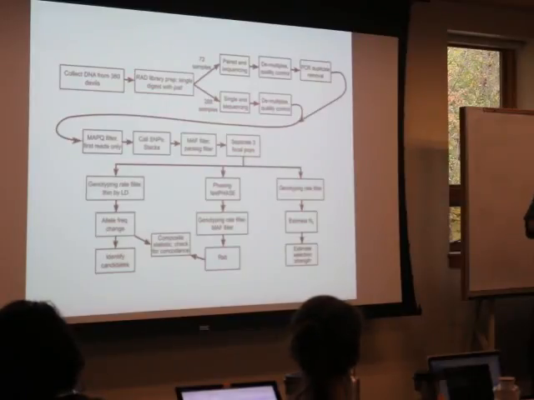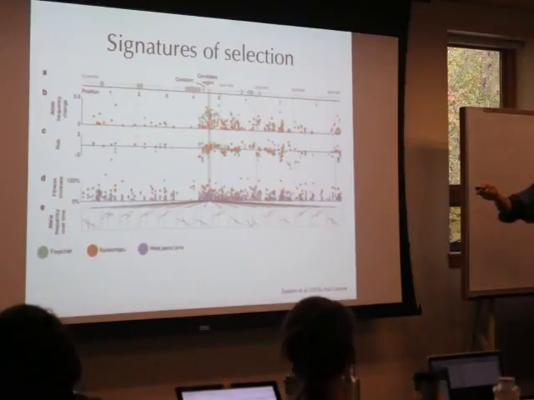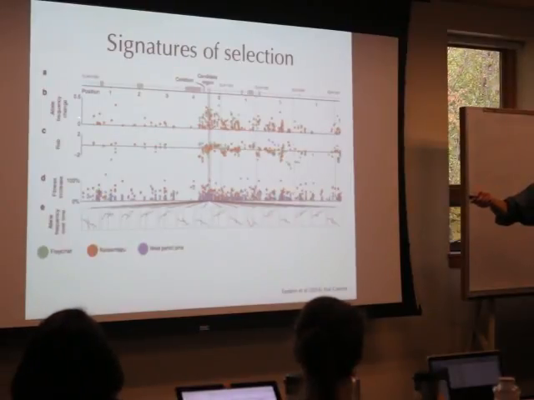And essentially, here's what we got. So, we're looking for a couple different signatures of selection here. The first is, this is just allele frequency change. So just straight change in allele frequency from before to after the disease moved in.